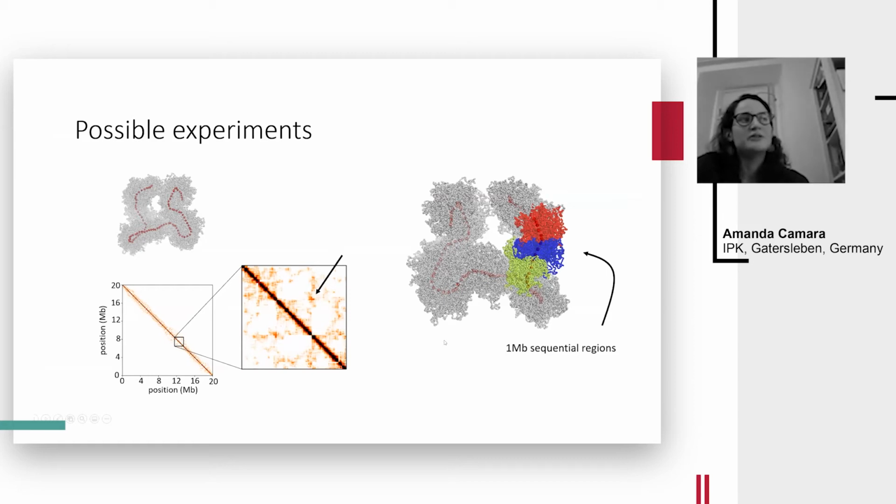And also possibly we could, with oligo probes and FISH experiments, color different regions and analyze and see that it's really linearly arranged in this compacted structure.